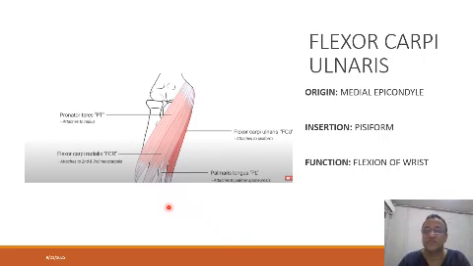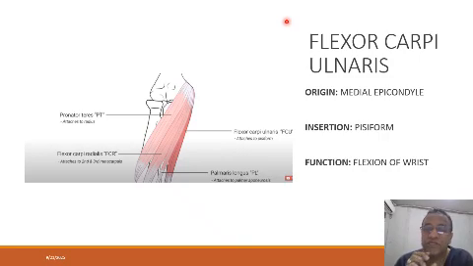It crosses the wrist joint. These four muscles we learned are considered the superficial layer of the flexor compartment. For flexor carpi ulnaris, its origin is the medial epicondyle, insertion is the pisiform, and action is flexion of the wrist.